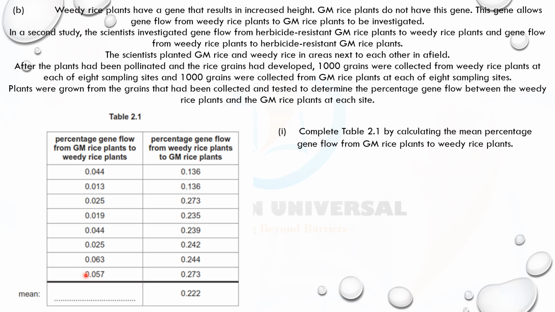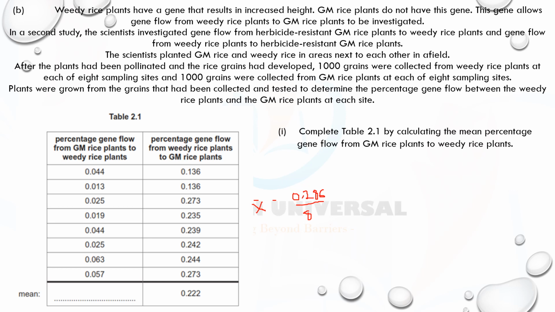Then divide by 8. Add up everything, divide by 8. So that add up everything will be 0.286. Don't forget how to calculate mean, and then divide by the number, which is 8. Remember that that is the mean, x bar. Mean is x bar.